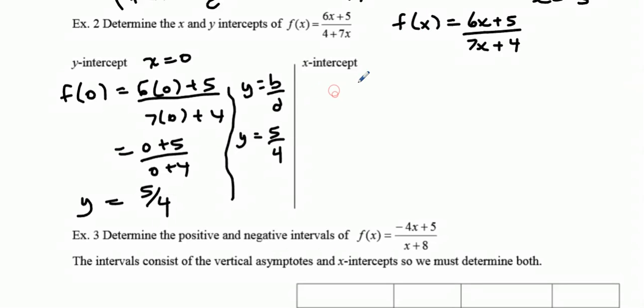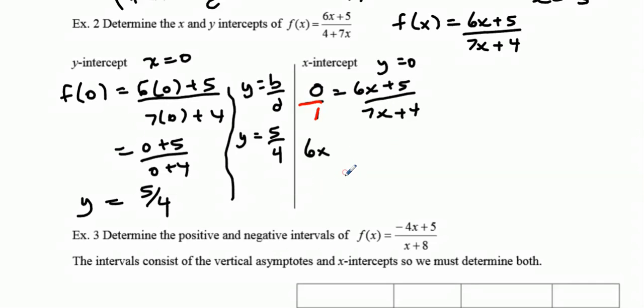The x-intercept occurs where y equals 0. This one's trickier. So this is your y, so this is 0. So you could algebraically just do 0 equals 6x plus 5 over 7x plus 4. And then if you think about it, really it's like cross-multiplying. And if you're cross-multiplying, that would be 6x plus 5 equals this times this, and anything times 0 is 0, so just put 0 there, and we end up with 6x equals negative 5, and x equals negative 5 over 6.